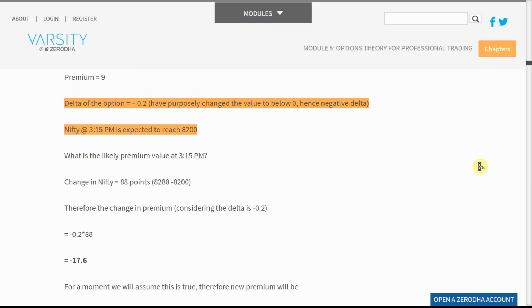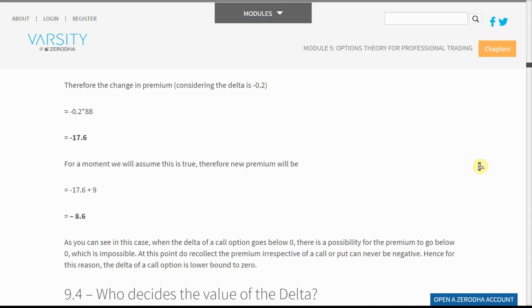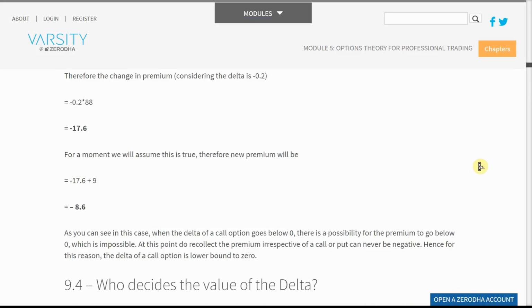Change in Nifty = 88 points, 8288-8200. Therefore, the change in premium, considering the delta is -0.2, equals -0.2 * 88 = -17.6. For a moment, we will assume this is true. Therefore, new premium will be -17.6 + 9 = -8.6.